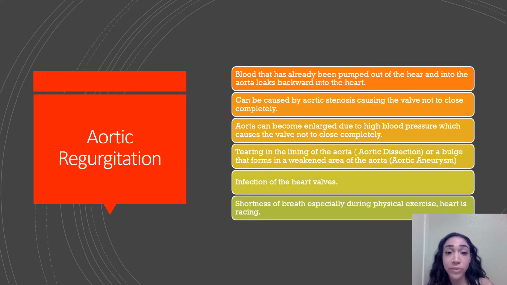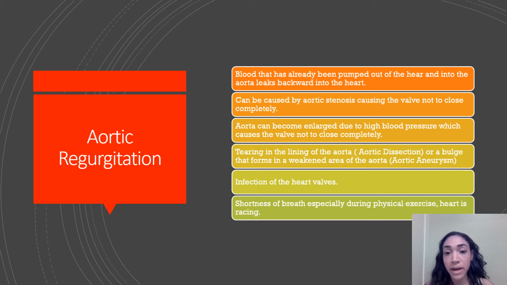Next, we have aortic regurgitation. This is blood that's already been pumped out of the heart into the aorta and leaks backwards into the heart. This can be caused by aortic stenosis, causing the valve not to close completely, or it can be caused by the aorta becoming enlarged due to high blood pressure, which causes the valve not to close completely.